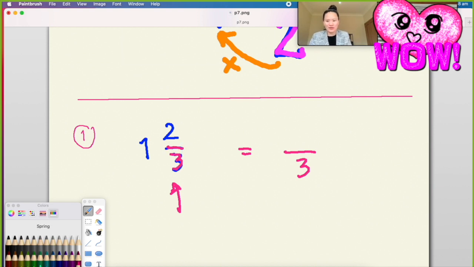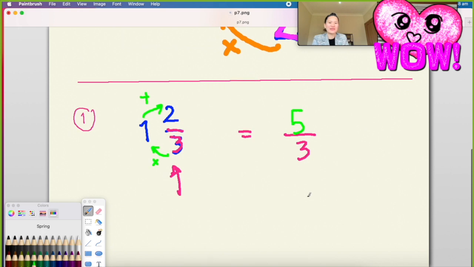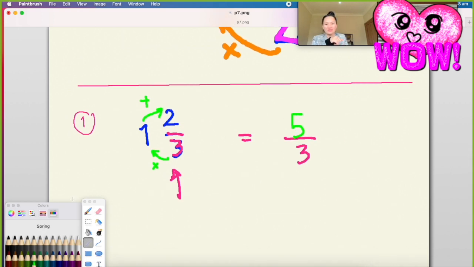Then Grace color this one. 3 times 1 is 3. That makes sense? 3 times 1 is 3 and then plus 2. 3 plus 2 is 5. That makes sense or not? Yeah. Okay. If you think it makes sense, let's see the next one.